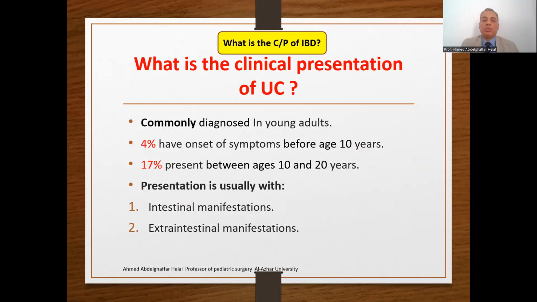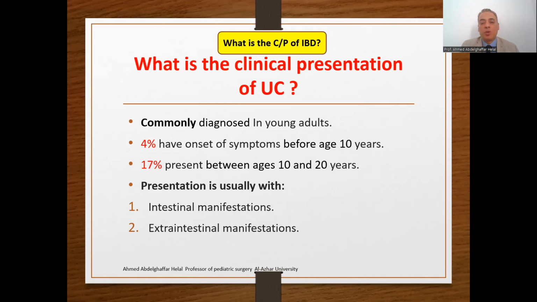Now the question is, what is the clinical presentation of ulcerative colitis and Crohn's disease? Regarding ulcerative colitis, it is commonly diagnosed in young adults. About 4% have onset of symptoms before the age of 10 years, and 17% present between the ages of 10 and 20 years.